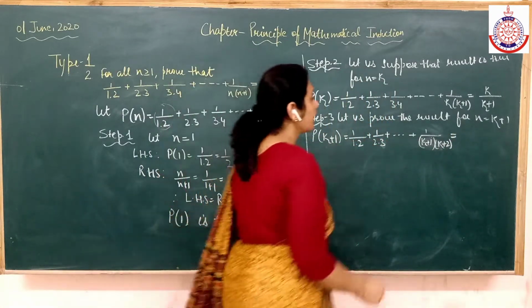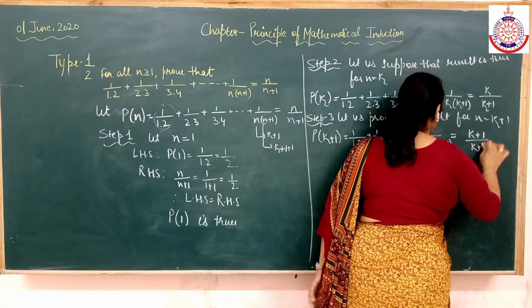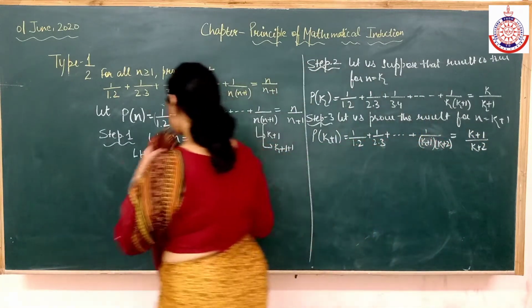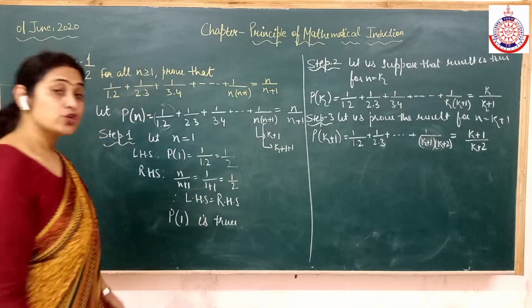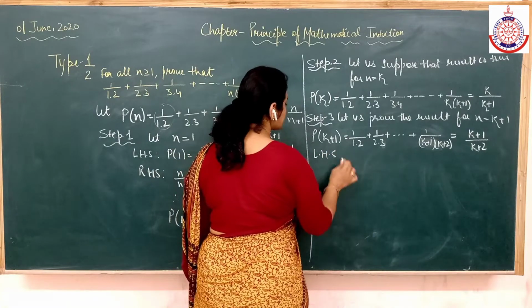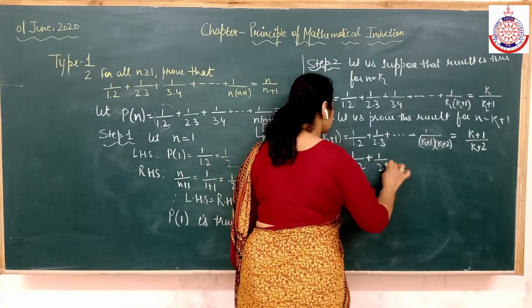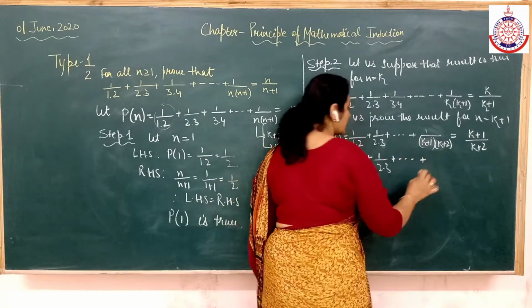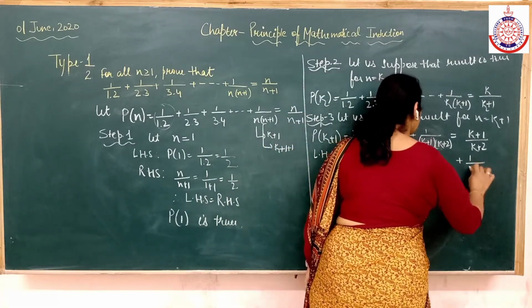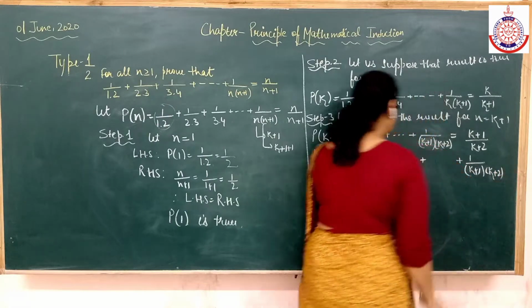And then the right hand side, in place of n put k plus 1, and it will become k plus 2. Alright. Now what do we do? What is the next step? We will pick up the left hand side. What is my left hand side? I have to prove it equals the right hand side.